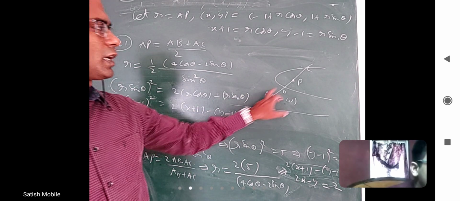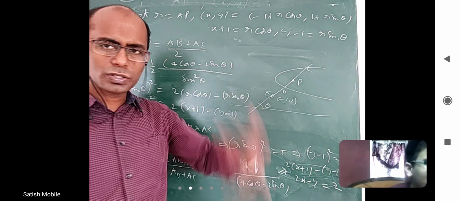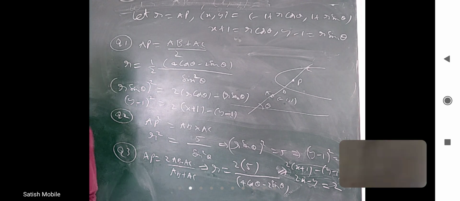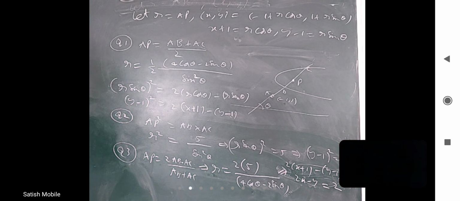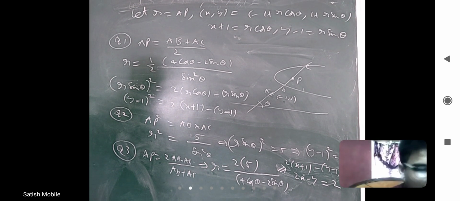For AB, AP, AC to be in harmonic progression, what is the locus of P? Find it. Finally, it will come as the polar of (x1, y1). That's how we can prove it by coordinate geometry, because already we have an idea about the answer. But there is another way to prove. Everybody clear? What is it that we have done in this question? The process of how we approach this question.